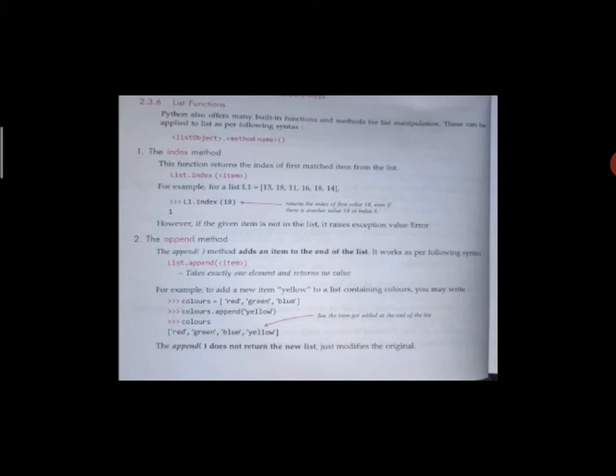Now in the index method, this function returns the index of the first matching item from the list, list dot index of item. For example, list L1 stores 13, 18, 11, 16, 18, 14. In those, 18 is stored multiple times, so no problem.